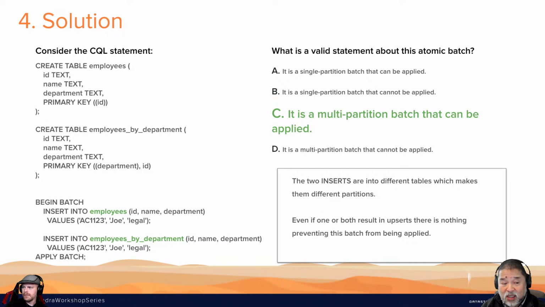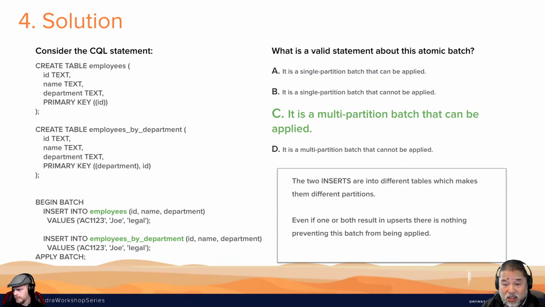There's nothing that prevents the individual inserts from working, nor is there anything that prevents the batch from working. If one of those individual inserts failed, the batch would not be able to be applied. The batch would fail. But it's a multi-partition batch because they're in different tables, so different partitions altogether. And there's nothing that prevents either of these inserts from happening, nor is there anything that prevents them from happening together.